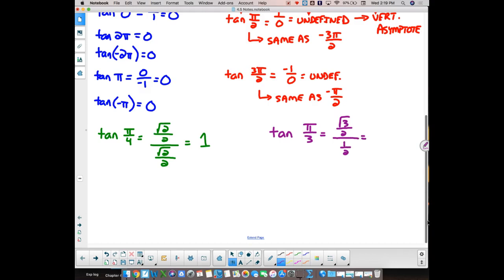Tangent at pi over 3. Square root of 3, which is what? Approximately, how much is the square root of 3? Don't worry, I'll do it.